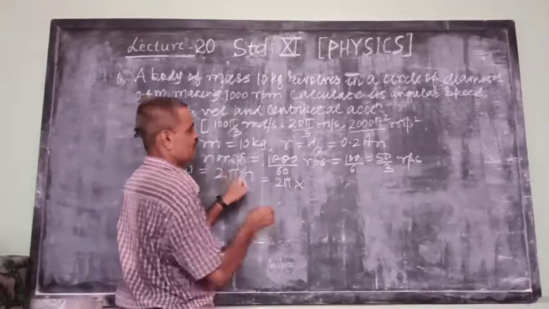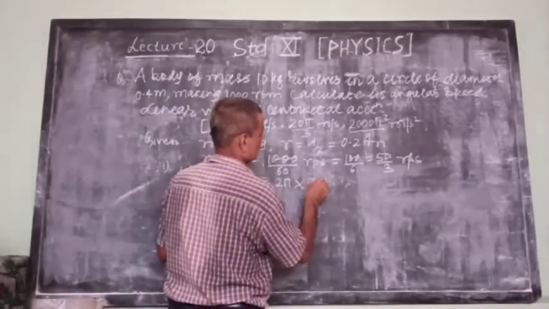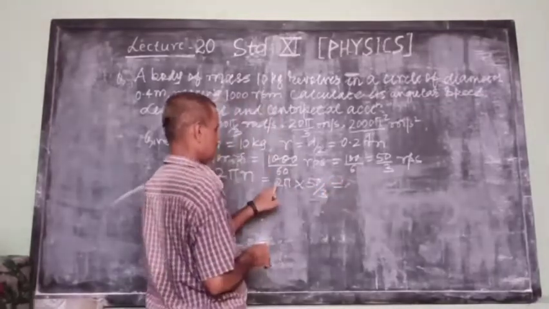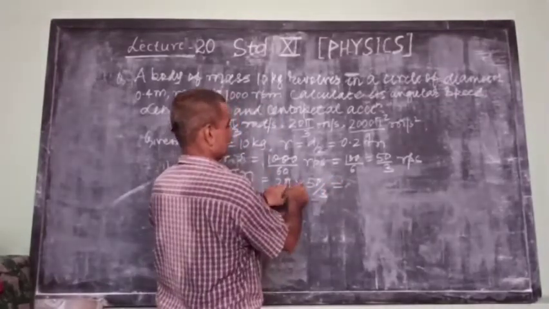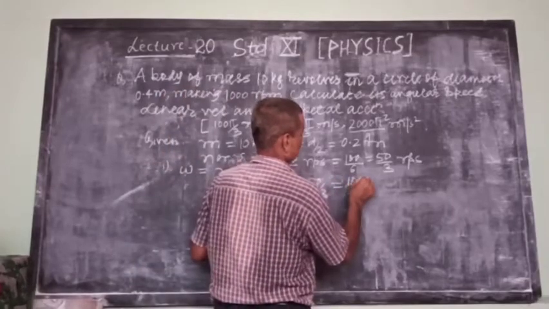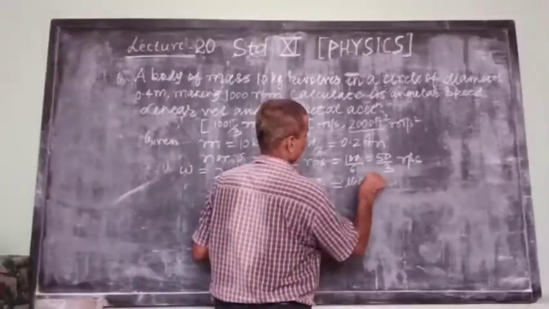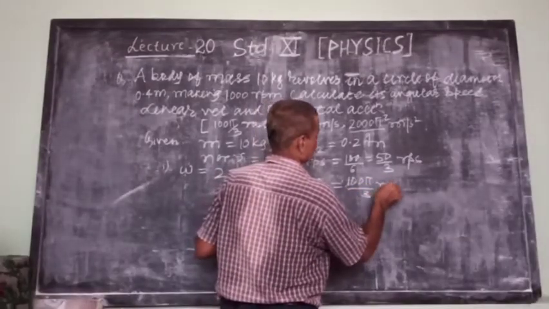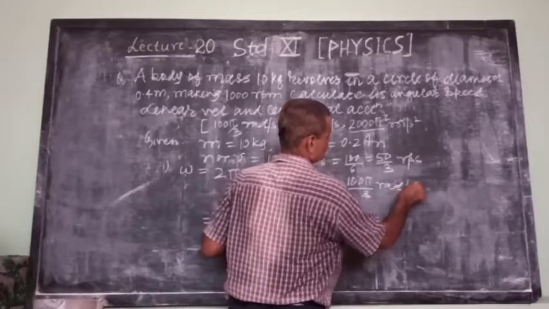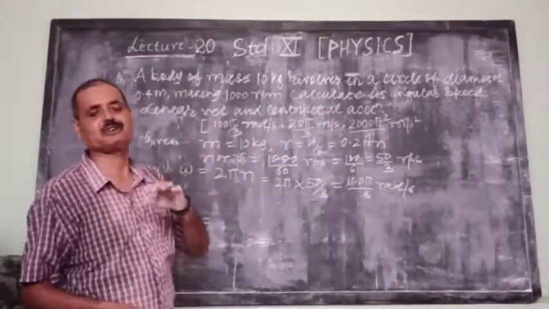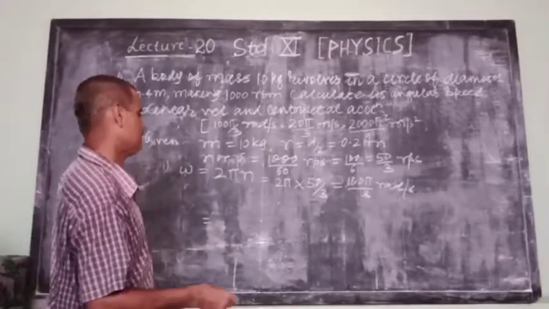The value of n was 50 by 3. So your first answer becomes 100 pi by 3 radian per second.